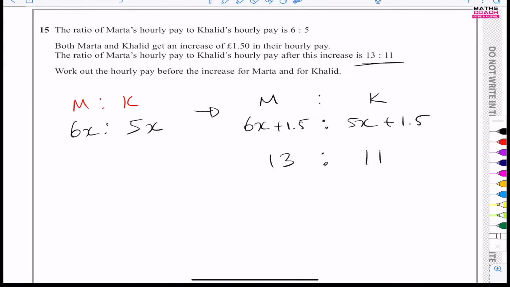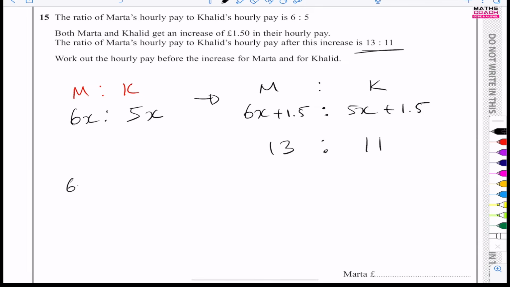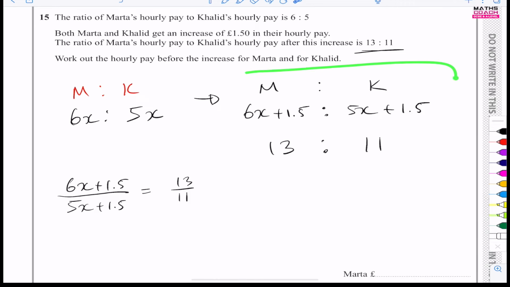So that means that, let's just do it this way. 13 divided by 11 is equal to 6x plus 1.5 divided by 5x plus 1.5. Let's set that up. So 6x plus 1.5 divided by 5x plus 1.5 is equal to 13 over 11. Now, you may be wondering why I did all this.